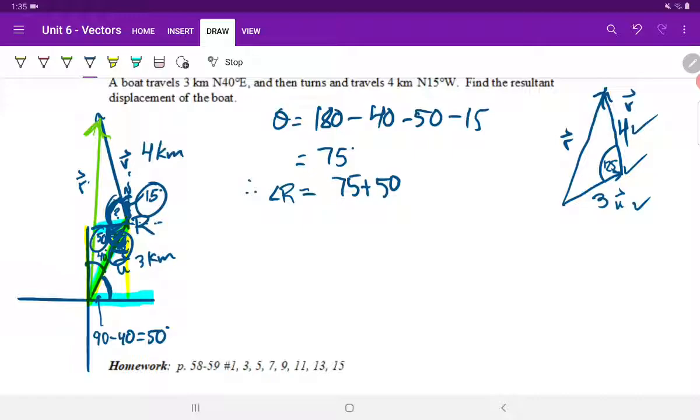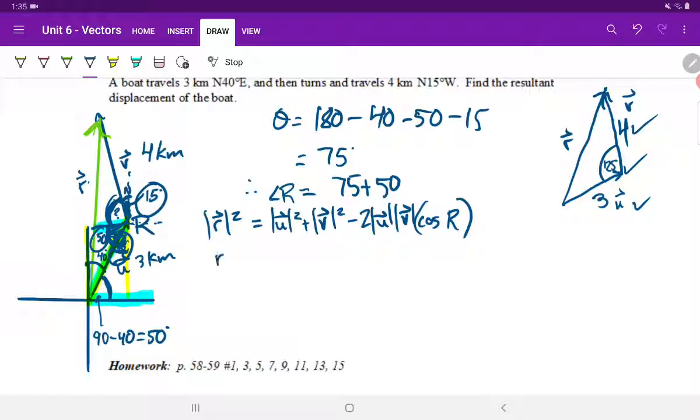So write out your cosine law. Sub all your values in. And solve.